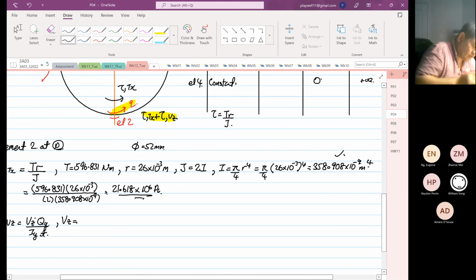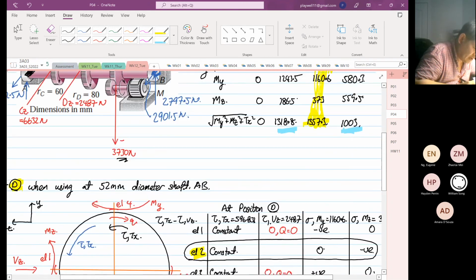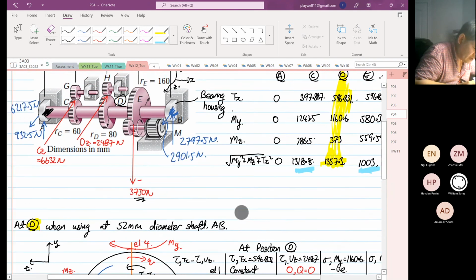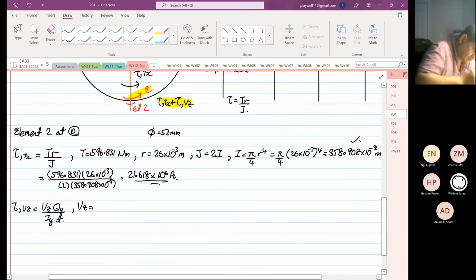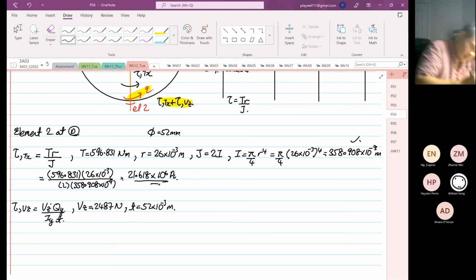Vz is equal to 2487. Let me confirm that. Vz 2487. Thickness is equal to 52 times 10 to the power minus 3 meters, because the thickness is the diameter of the shaft.